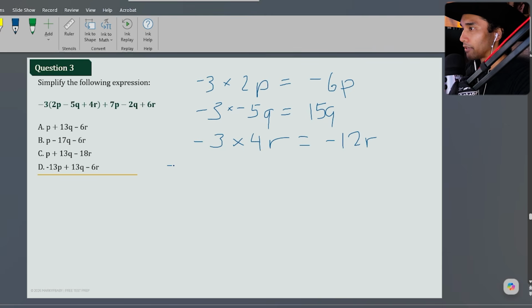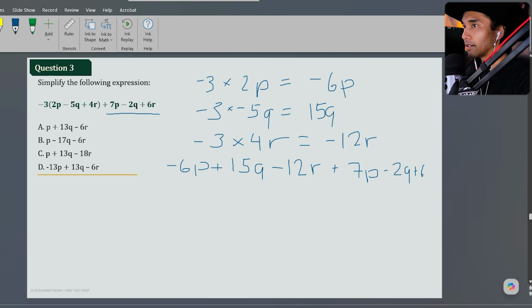So now we have negative 6p plus 15q minus 12r, and I'm going to bring the rest of the equation down. And I have plus 7p minus 2q plus 6r.